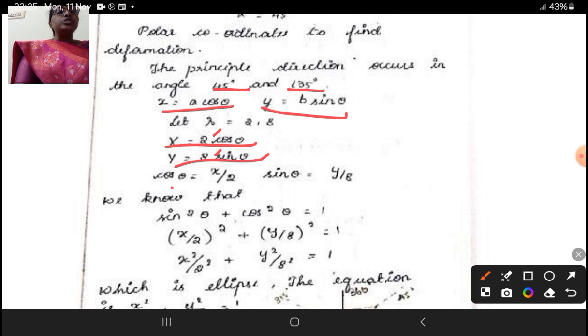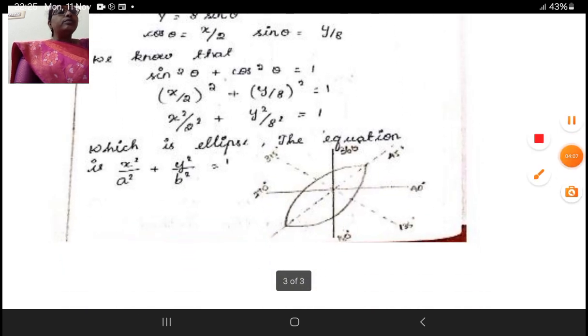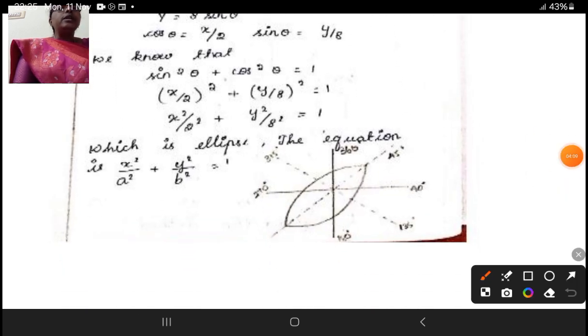From this, cos theta equals x by 2 and sin theta equals y by 8. We know that sin square theta plus cos square theta equals 1. In this equation we can replace all those values: (x by 2) whole square plus (y by 8) whole square equals 1.